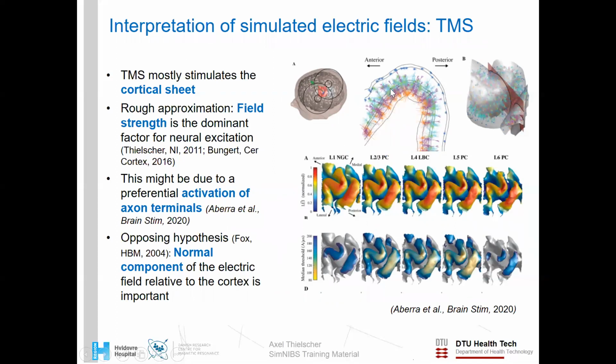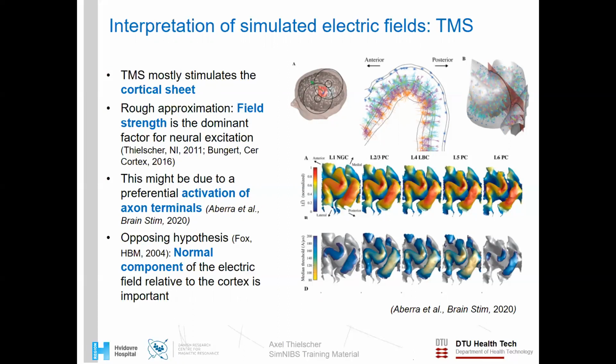And what we think happens in TMS, at least according to this very detailed model, and also matching experiments which systematically compared electric fields with MEP changes above the motor cortex, is that the neurons are actually stimulated at the ends of the axonal collaterals, and because the axonal collaterals have many different orientations, it's actually not so important how the field is directed.